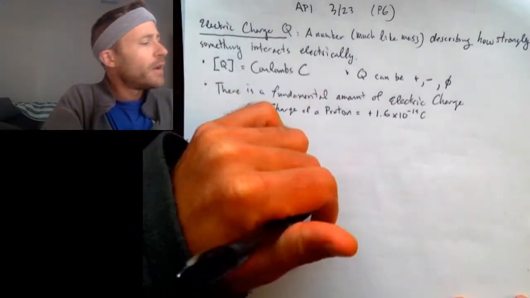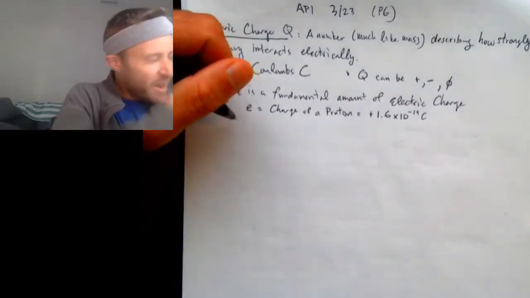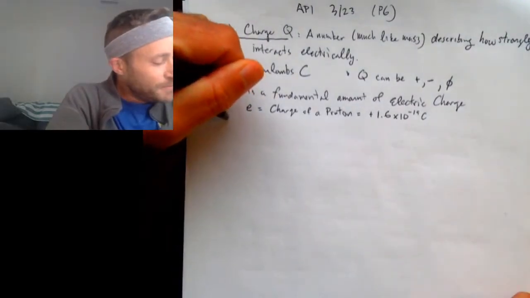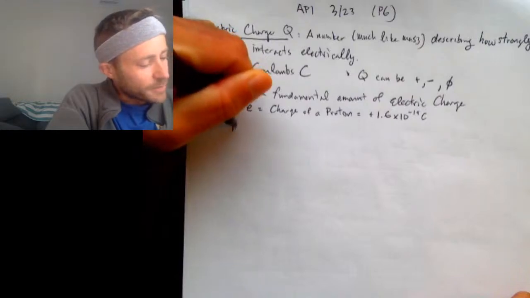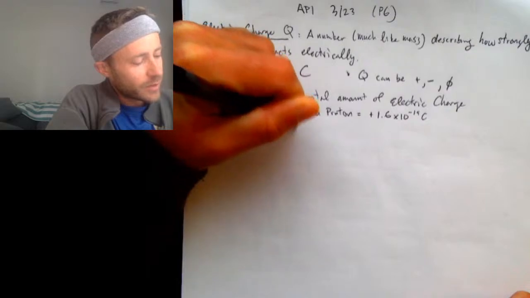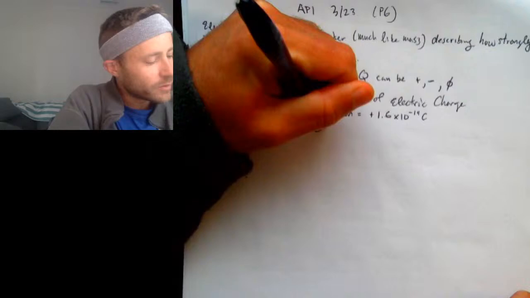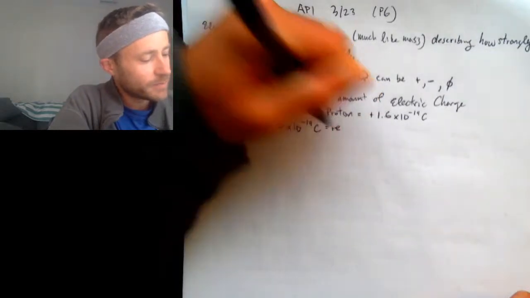Okay, and so, anyways, excuse me. The charge of a proton is plus 1.6 times 10 to the minus 19 coulombs, which is also called plus e.